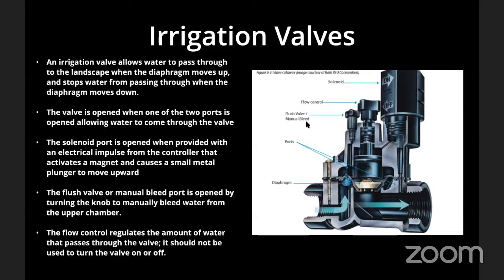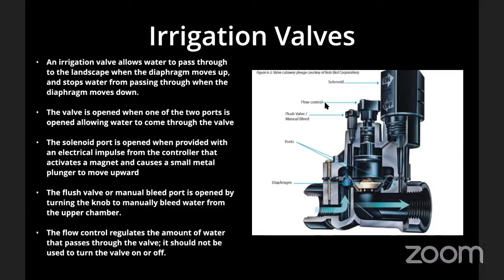Essentially, on the supply side of the valve, there's always pressurized water from your water main system, and the valve itself prevents the water from going through. The reason it's wired in is that when it is activated through the electrical signal, there's an electromagnet that allows, long story short, the diaphragm, the part that's blocking the water, to move up, and then the water is allowed to proceed through.